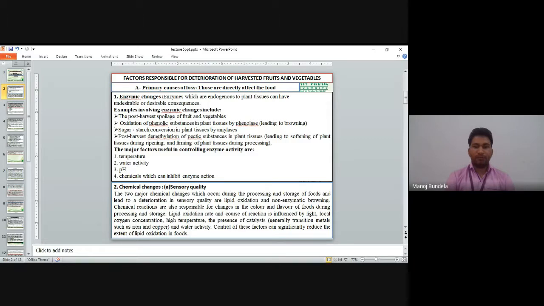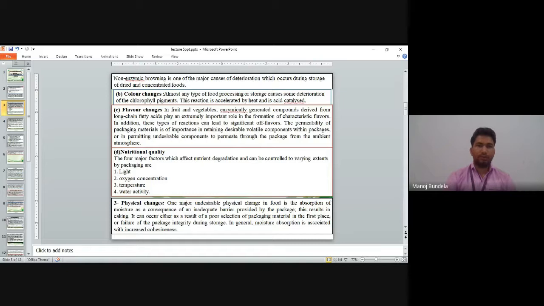Control of these factors can significantly reduce the extent of lipid oxidation in foods. Non-enzymatic browning is one of the major causes of deterioration which occurs during the storage of dried and concentrated foods.